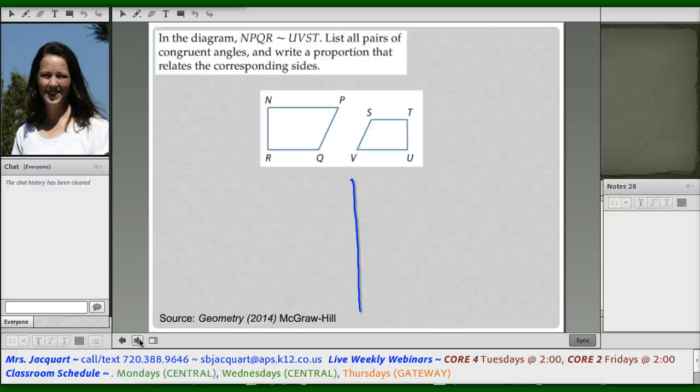Let's start with n. Which other angle looks like n? So angle n is congruent to angle u. Let's go to p, then v.